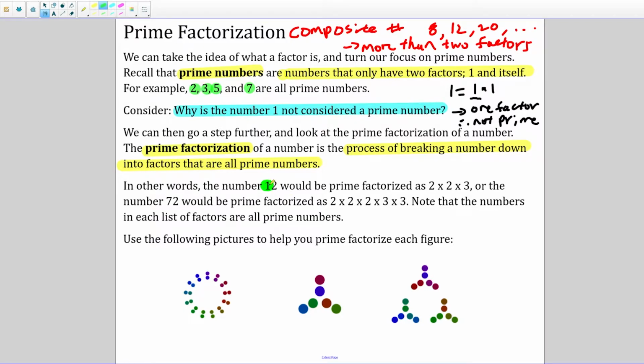We can look at the number 12 as an example. The prime factorization of 12 would be 2 times 2 times 3. Or if we look at the number 72, we can prime factorize it as 2 times 2 times 2 times 3 times 3. Note that all the numbers in each of these lists are prime numbers.